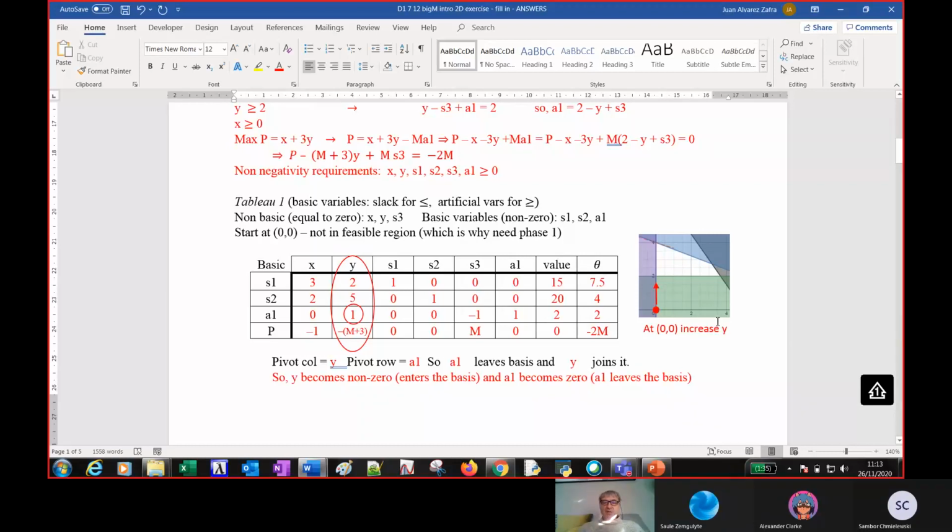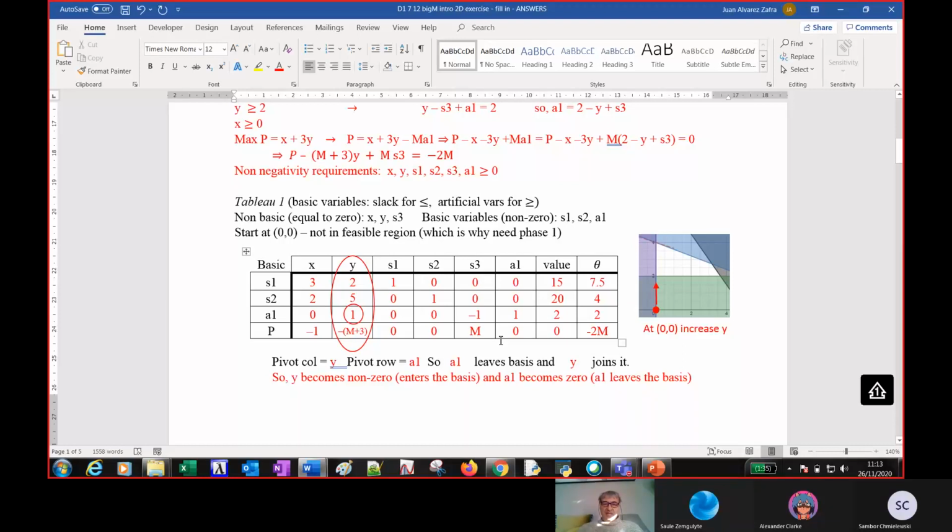So if we look at which is going to be the pivot column, we look at each of the values in the P row, not worrying about the value or the theta yet. Underneath x, we have a value of minus 1. Underneath y, we have minus M plus 3. Under S1, 0. Under S2, 0. Under S3, M. Under A1, 0. And that's it in terms of variables.